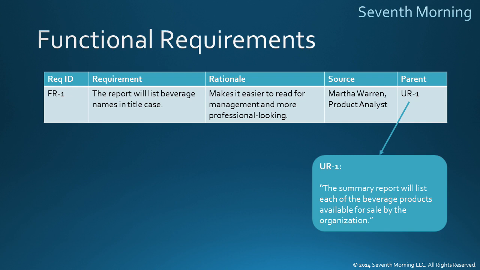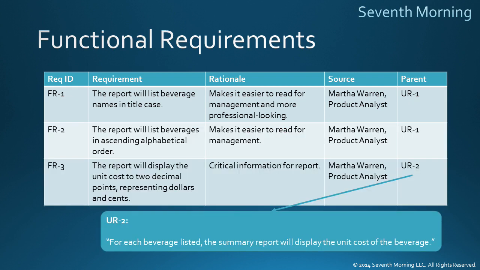We might need a few more examples of functional requirements, so I'm putting a couple more here on the screen. And let's take a quick look at those two new requirements. We have FR2 stating the report will list beverages in ascending alphabetical order, and that'll make it easier for management to read. Okay, that also belongs to user requirement UR1.